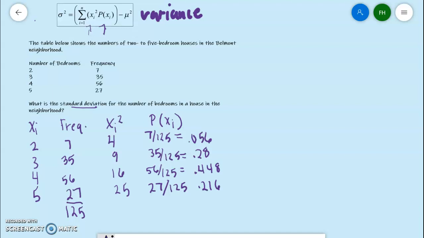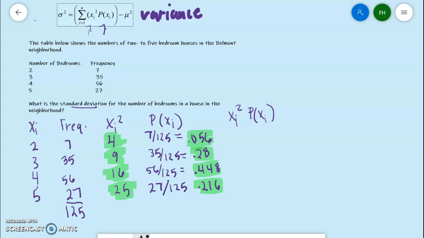Okay, now what we have to do is multiply. Our formula says multiply x squared times the probability of x. So we're going to multiply 4 times 0.056, 9 times 0.28, 16 times 0.448, and 25 times 0.216.